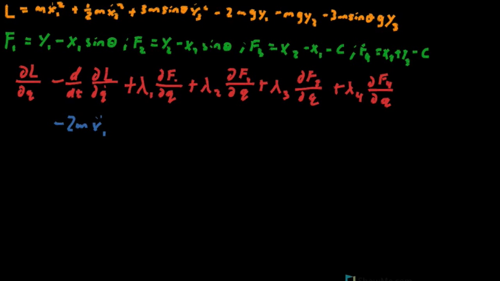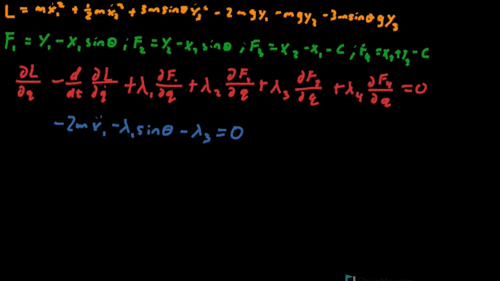Moving on to partial f1 partial x1, that is equal to minus sine theta, so we subtract minus lambda 1 sine theta. Partial f2 with respect to x1 is 0. Partial f3 with respect to x1 is minus 1, so we subtract lambda 3. And partial f4 with respect to x1 is 0.